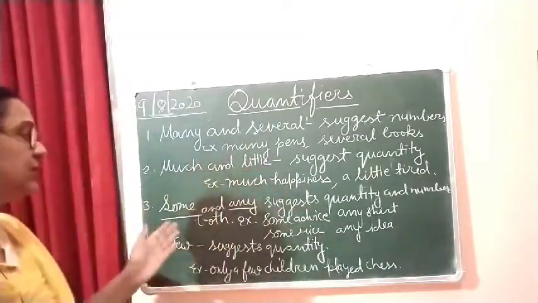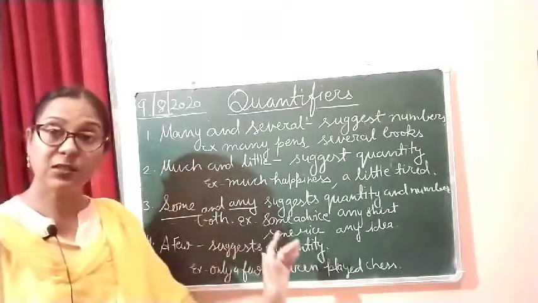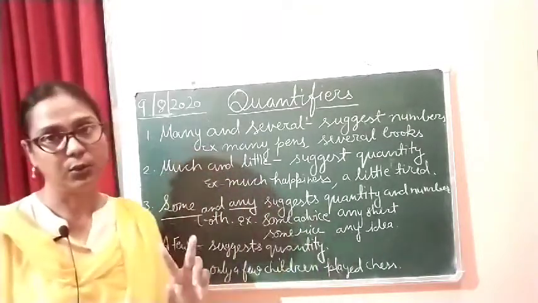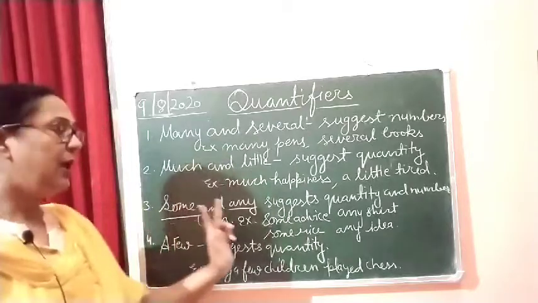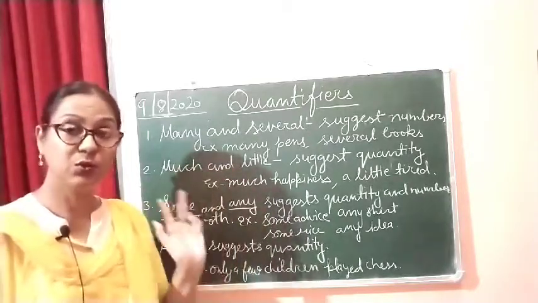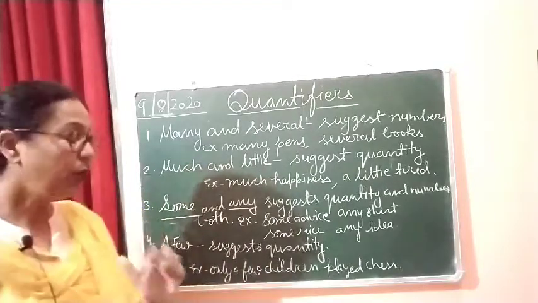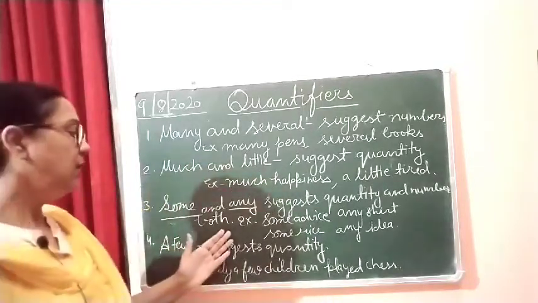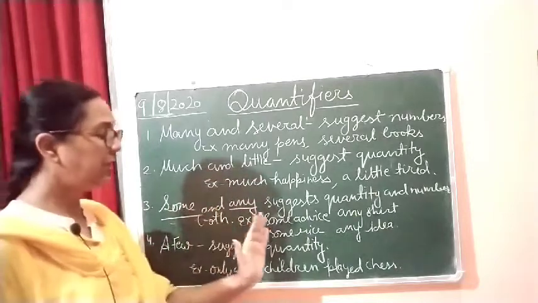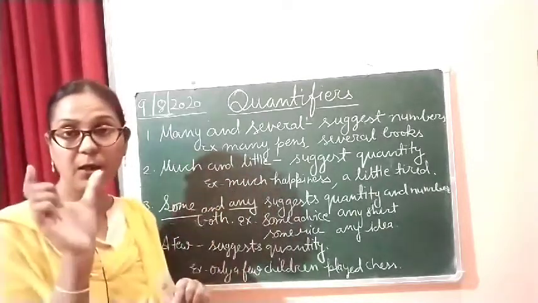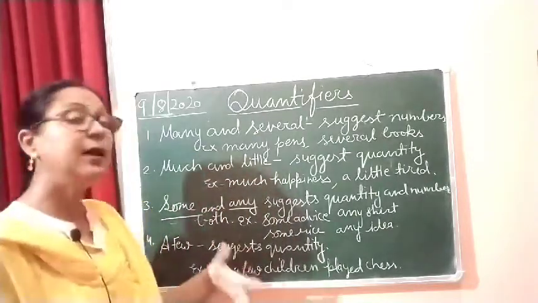Now we are moving to some and any. They suggest quantity and numbers both. So some and any are always used to show quantity and numbers both. I have given some examples. The quantifier is some advice.